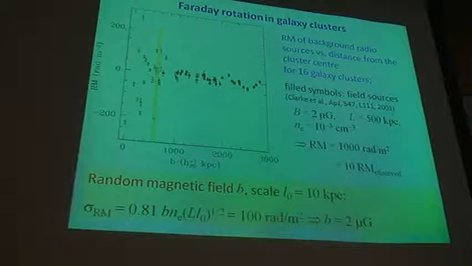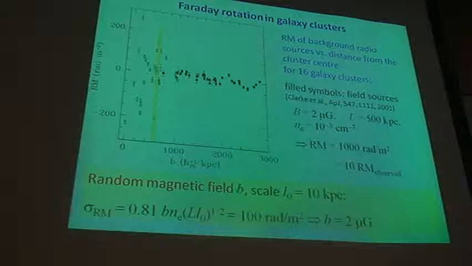I want to reduce it by a factor of 10, so N is of the order of 100. So the size of the region is 500 kiloparsecs. There are 100 cells. The scale of the field must be of the order of 10 kiloparsecs.